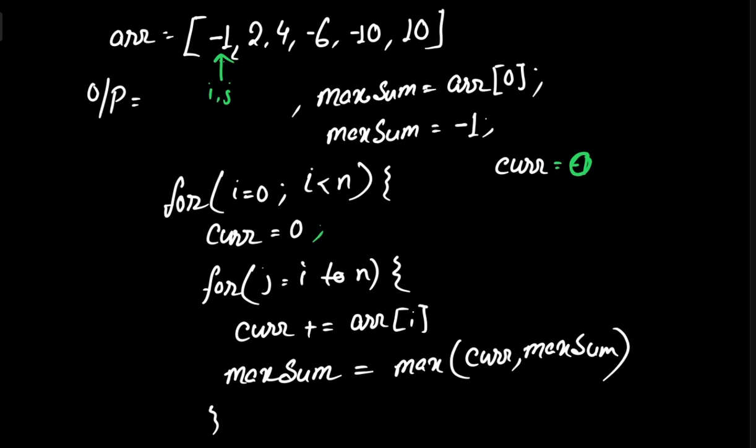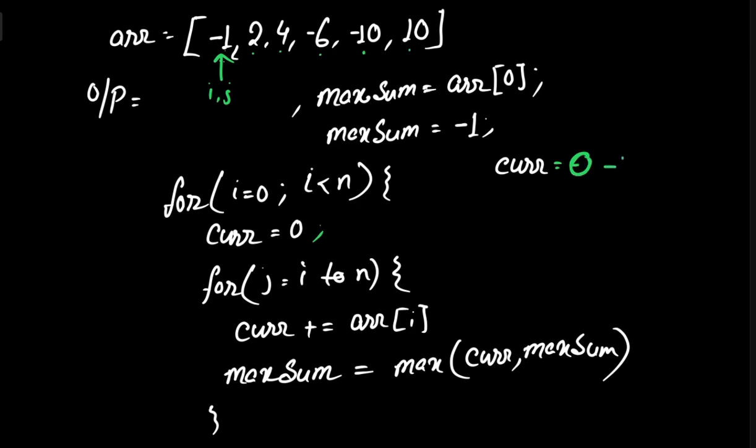It will be -1 plus 2, means 1, plus 4, 5, then -1, then -11 and 10.